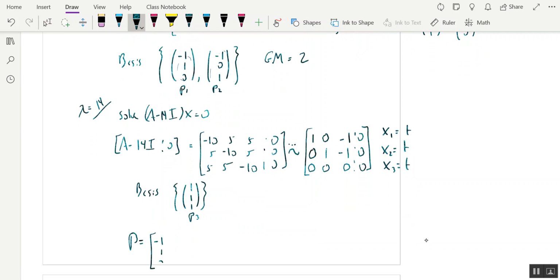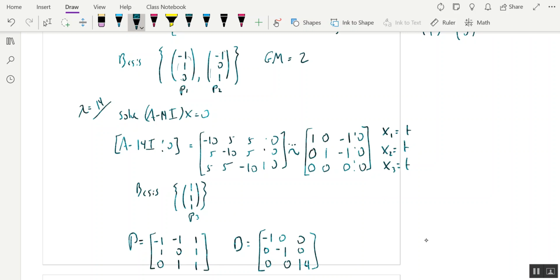-1, 1, 0, -1, 0, 1, and then 1, 1, 1. And for D, since I put in P1 and P2 first, I need the -1s to go here and here. And then P3 corresponds to lambda equal 14, so that goes there, and everything else is zeros.